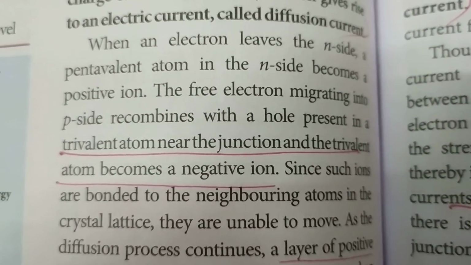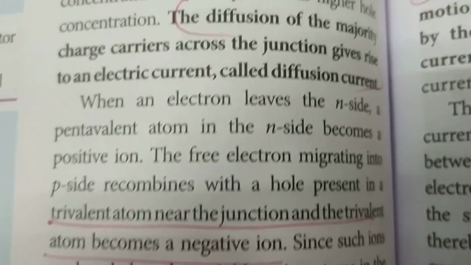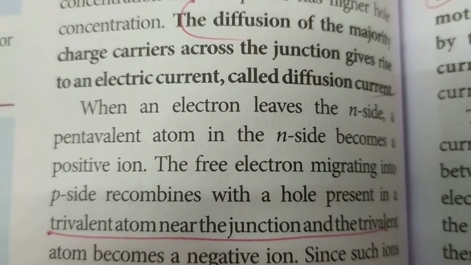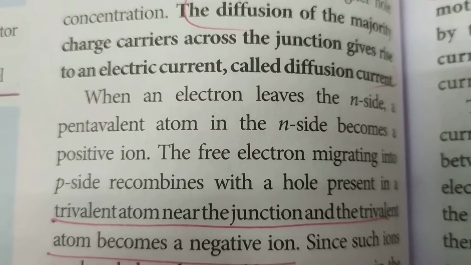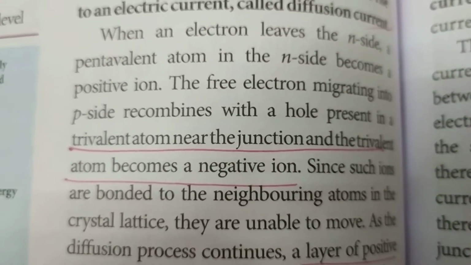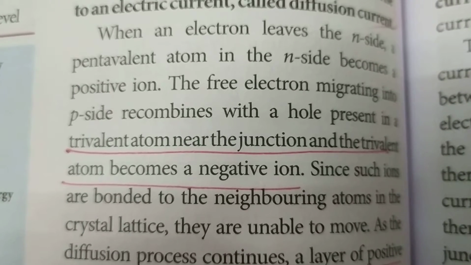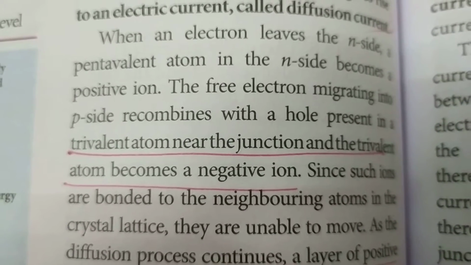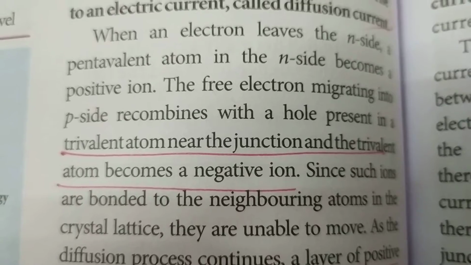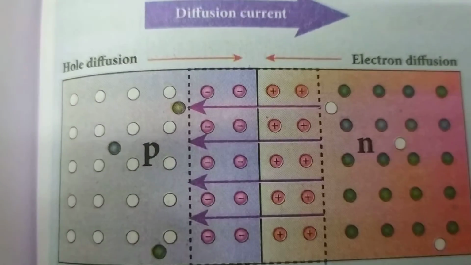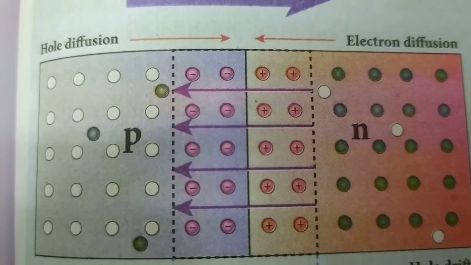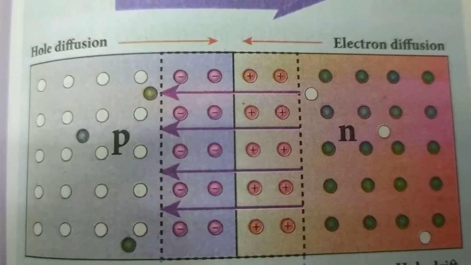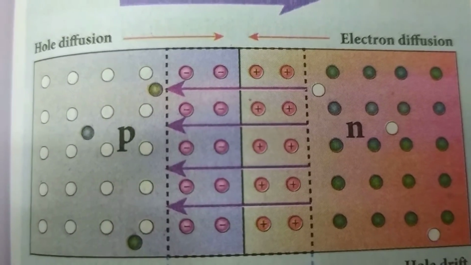So what actually happens near the junction? When the electron leaves the n side in the pentavalent atom, since the electron leaves, it becomes a positive ion. The electron recombines with the hole present in the trivalent atom near the junction, and the trivalent atom becomes a negative ion. In this diagram you see that in the p type you have negative ions, whereas near the n type you have positive ions.